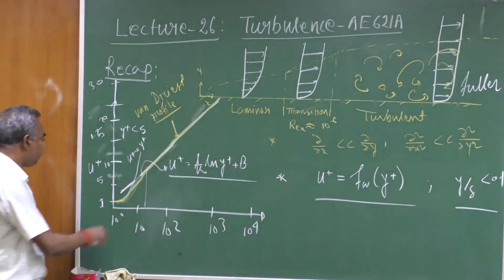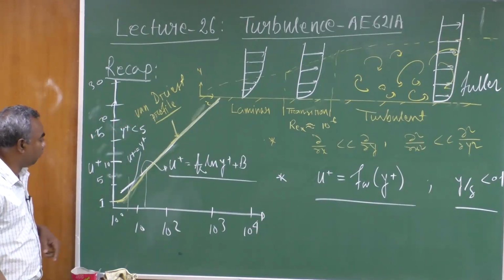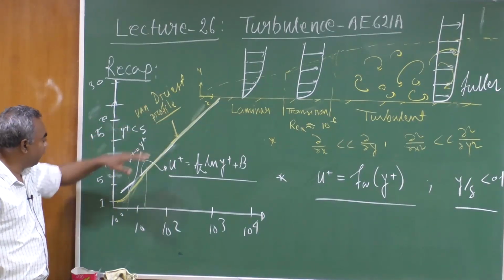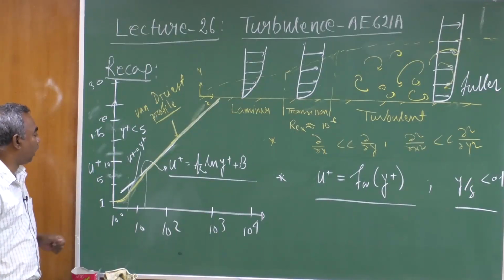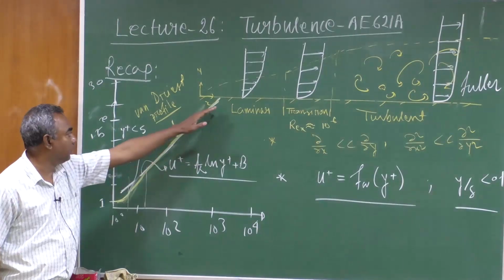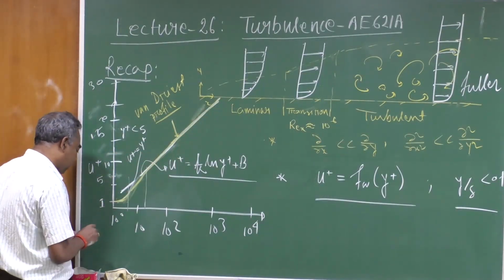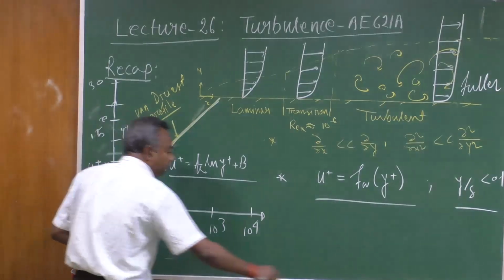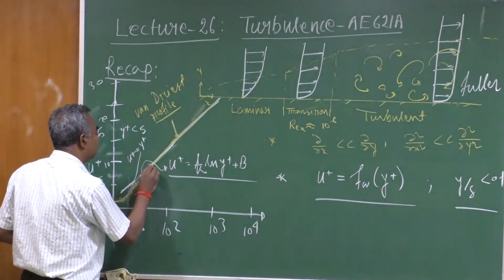Now, Van Driest gave a composite velocity profile based on the argument we have done in the last class, and this profile is to cover the experimental data. If you measure experimental data or DNS simulation, it will fall like this.